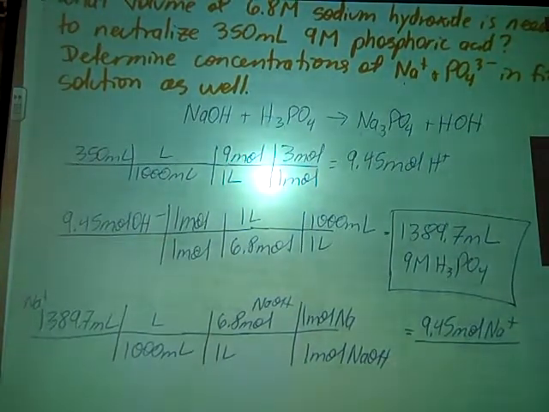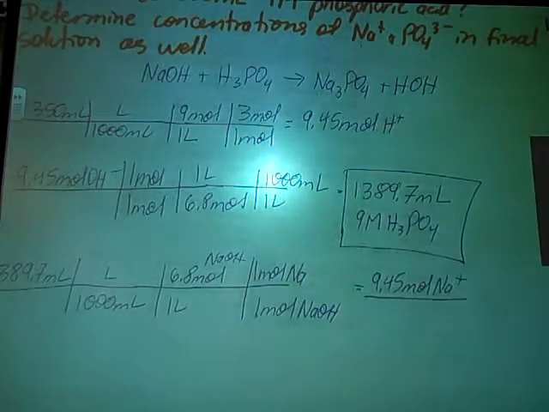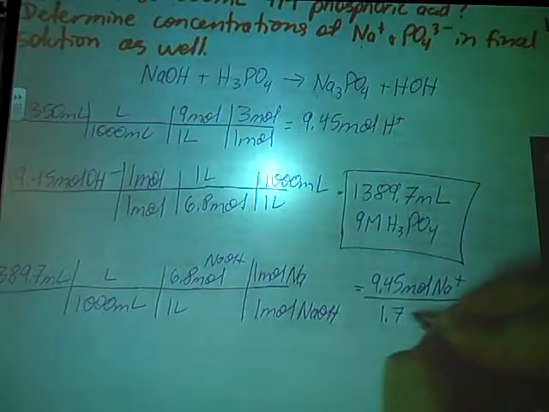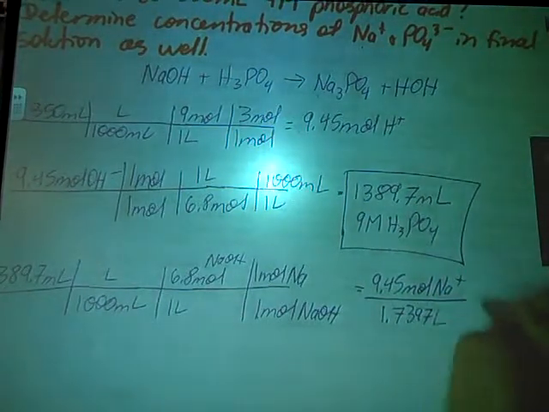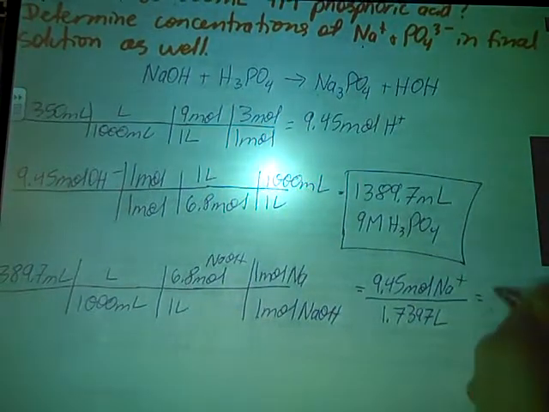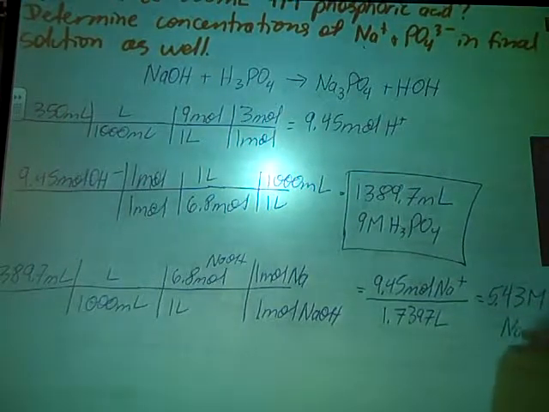I'm running out of time. So let's see, we had 1389.7 milliliters plus the 350 mils from our phosphoric acid. Gives me a total volume of 1.7397 liters, which equals a 5.43 molar Na plus.